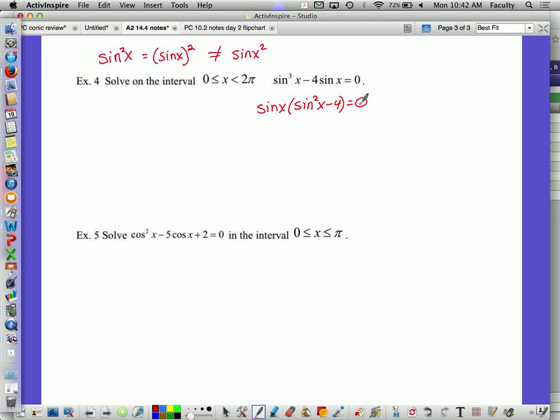the GCF. So remember, one of the strategies is to factor. So I have a GCF, and this is the first time we've had a GCF that's a trig function. Then sine squared x minus 4 is sine x plus 2, sine x minus 2.